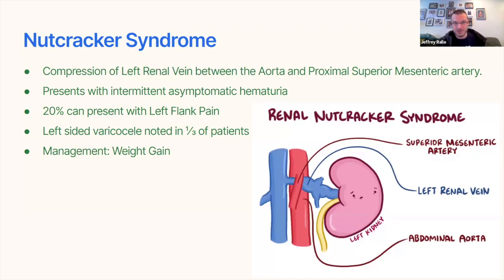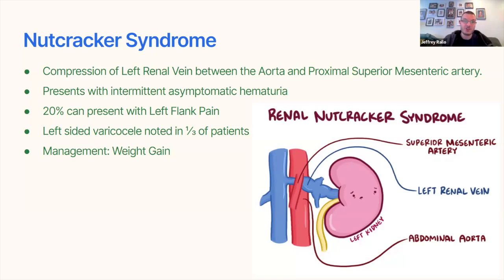On a good physical exam, about 1/3 of these patients had left-sided varicocele, but you only find it if you look for it. If this progresses and the severity of obstruction is bad enough, you can have some more chronic kidney issues, but it's mostly just identification of the source of intermittent hematuria.